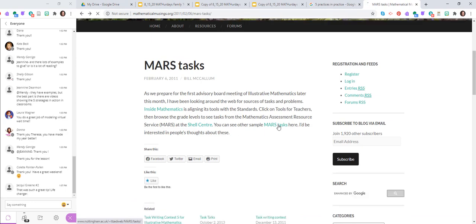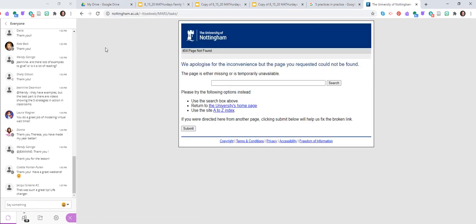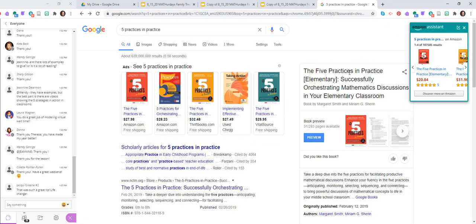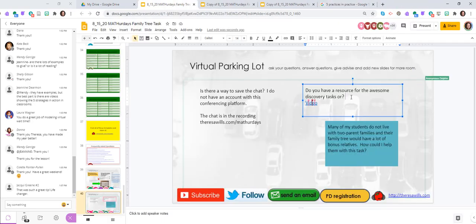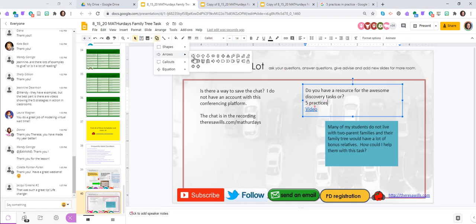I usually have the link available, but I'm missing it right now. So I hope to get that one out on here. I also have a couple books that I go to, anything with the 5 practices, will not only show you the task, but ways that teachers have anticipated, selected, sequenced, connected, and monitored during the task. I'd start with those and then see what other ideas. I'll try and bring more resources for these in the future.